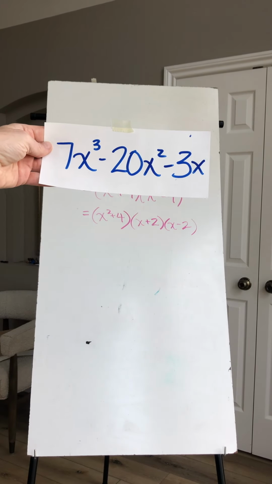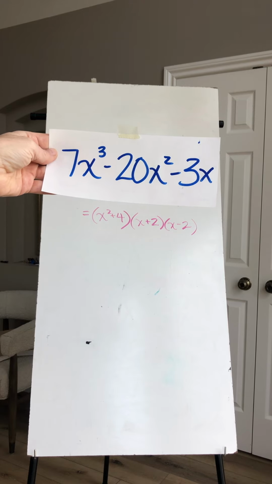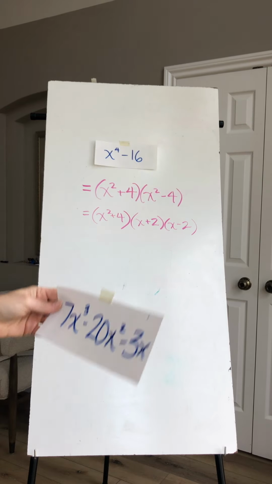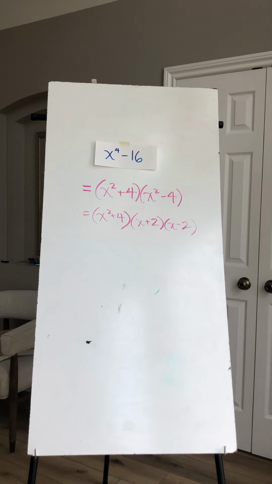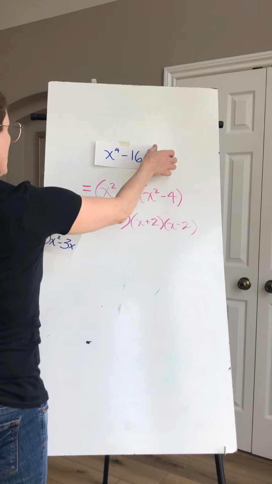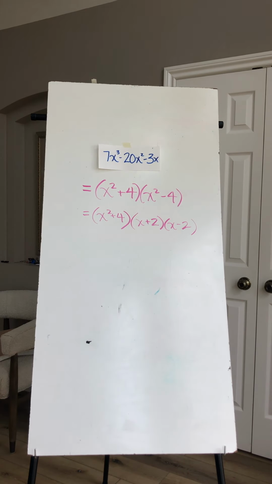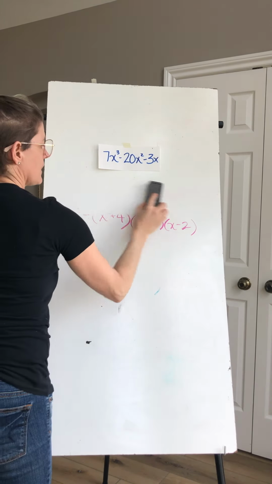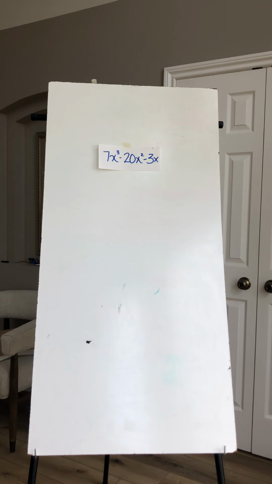Here we go. 7x cubed minus 20x squared minus 3x. Pause. Step 1, common factor.